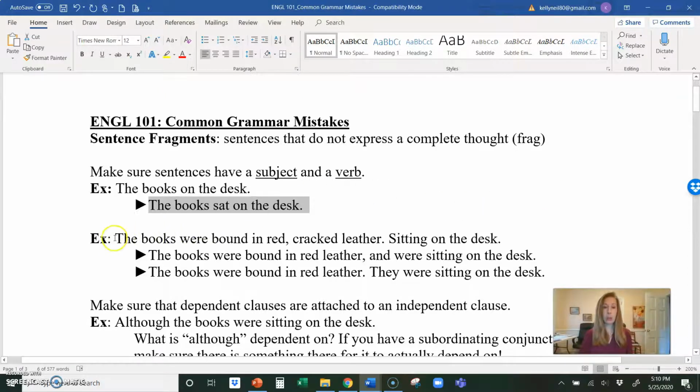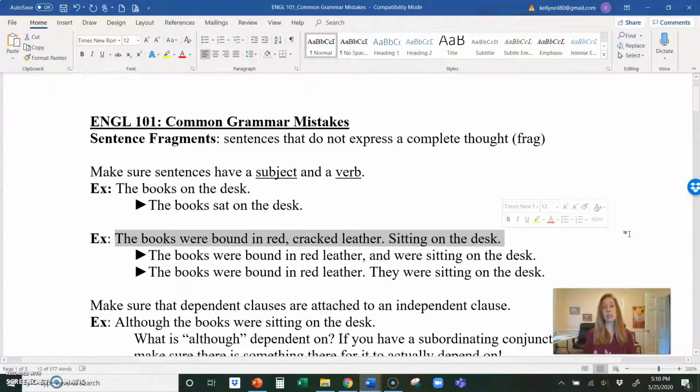Now I've fixed the problem of that sentence fragment. Here's another example. The books were bound in red cracked leather. Sitting on the desk. The first sentence is fine. The second sentence, sitting on the desk, that's a sentence fragment because I don't have a subject. I have a verb, sitting, and I can probably figure out that we're talking about the books still, the books sitting on the desk, but grammatically that is a fragment. I need to put a subject in that second sentence. Now there's a couple different things I could do here maybe.